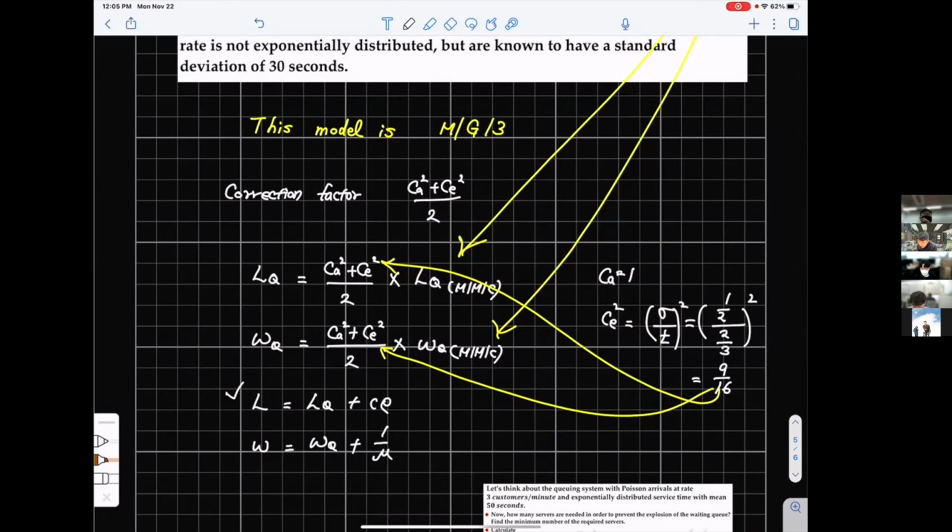And by using these reduced indices, you can use the correction factor with respect to each index of the MGC model. Okay, this is the final answer for problem 4.